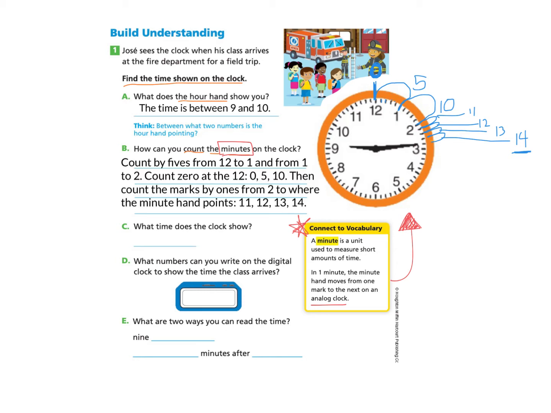So I can explain my thinking and what I did by saying count by 5s from 12 to 1 and from 1 to 2. So count 0 at the 12, which we did, and then we counted 0, 5, 10, and then count the marks by 1s, these little marks, we counted them from the 2 to where the minute hand points, and we counted 11, 12, 13, 14.